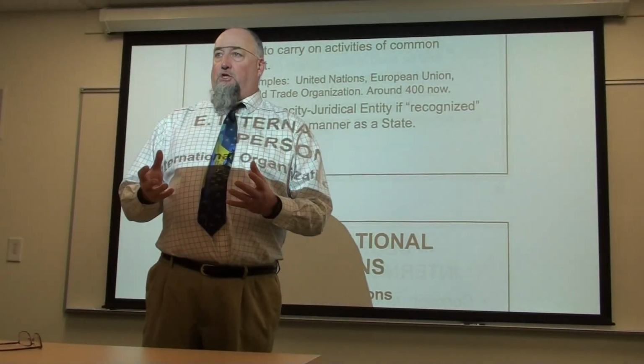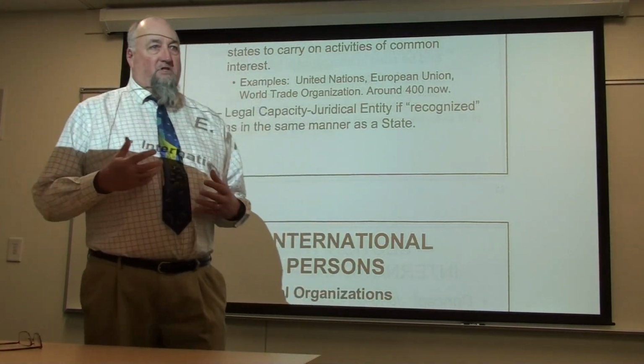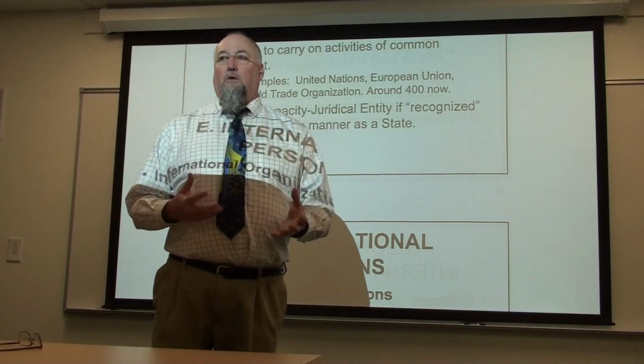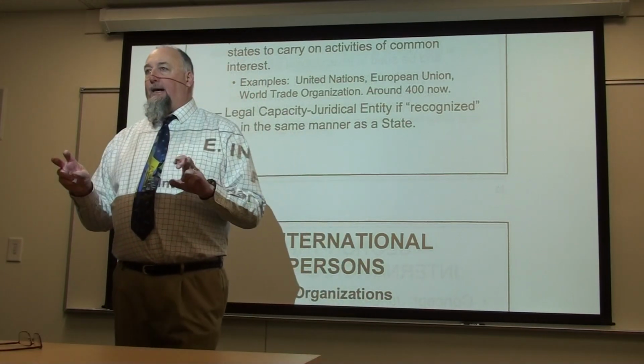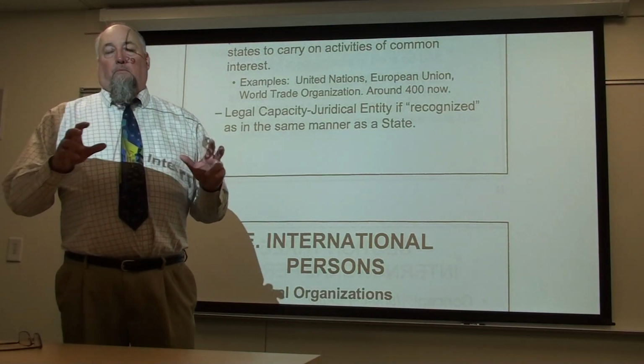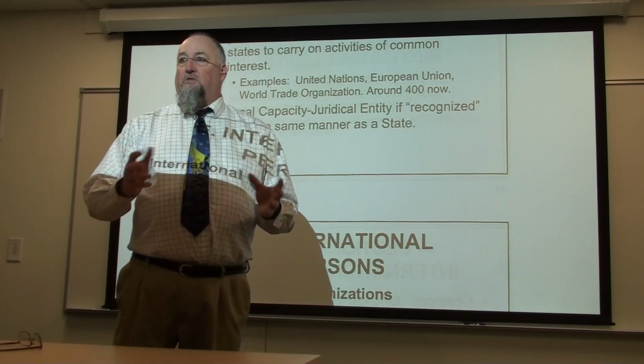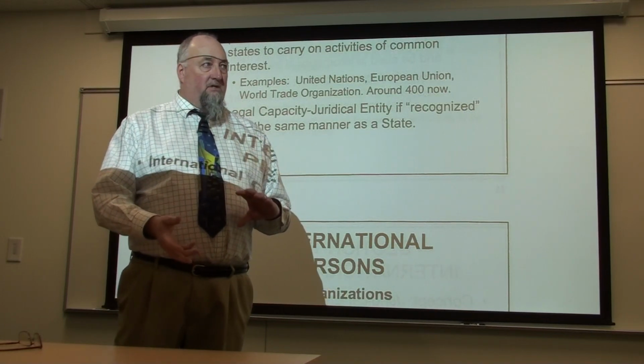As part of being an IGO, the member states of the UN have essentially granted to the UN state-like immunity. And this includes the immunity from being sued in domestic courts and also from having their assets seized.